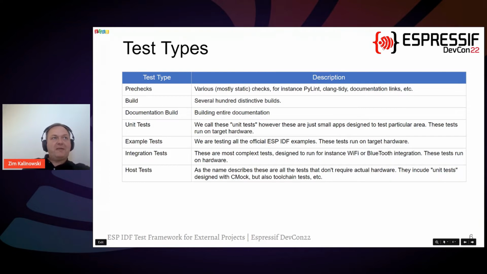First of all, I already mentioned pre-checks, so I'm not going to add much more here. These are all the basic validations. I mentioned the build step, several hundred distinctive builds, the documentation build, and a little bit more about unit tests.